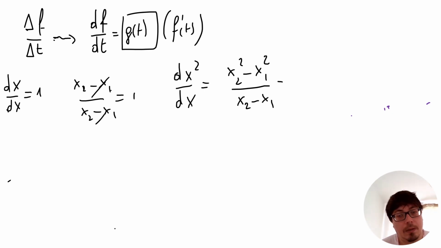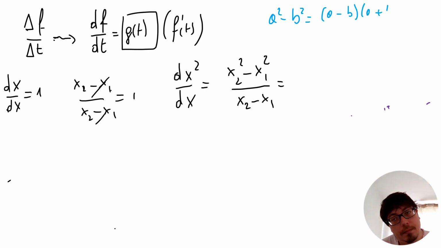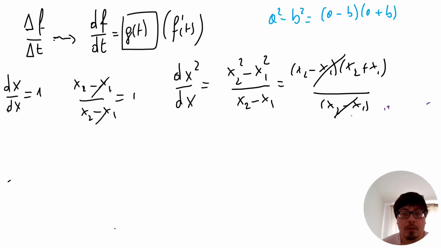So this is equal to, if we remember the formula, a squared minus b squared, which I will link, equals a minus b times a plus b. So this is x2 minus x1 times x2 plus x1, sorry, this cancels out the denominator. We have 2 points which are summed together, but since they are very close, we can say they are the same point x. There are 2 of them, so we have 2x.